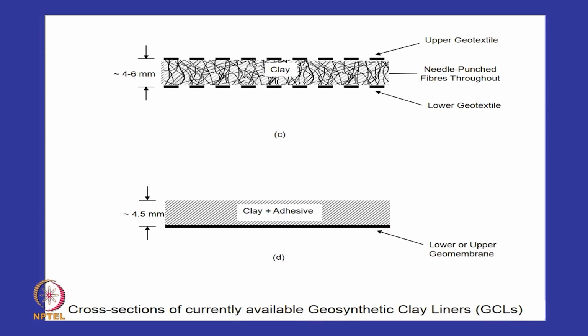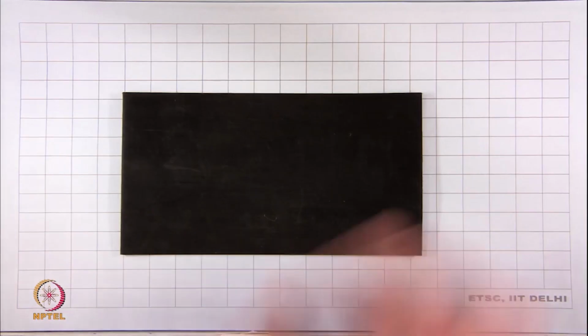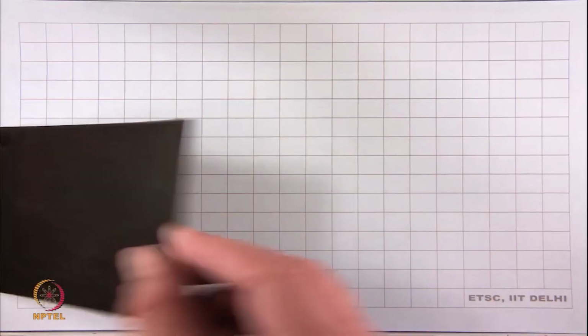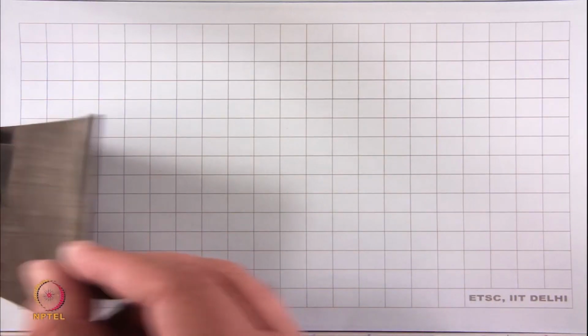I'd like to show you a sample so that you just get an idea. We did the geomembrane last time, and then we said it can be smooth or textured. You remember this? And I showed you it had a shining surface, and the shining surface reflects like a mirror.